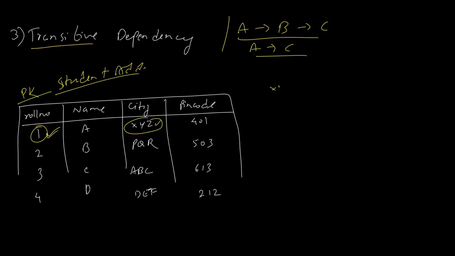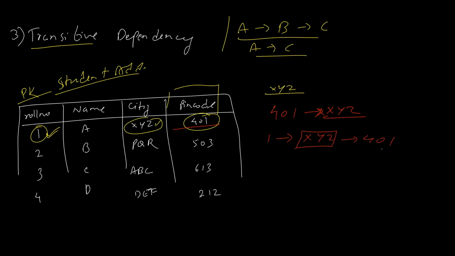We'll get XYZ, right? But you see another field in the table called pin code. Now pin codes, as we know, in the real world are unique. So if I do the same query again, something like pin code 401, get me the city, I'll get XYZ. Now we know these three are related to each other. When we do roll number 1, we can get XYZ, and if we have the city, we can have 401 as well.